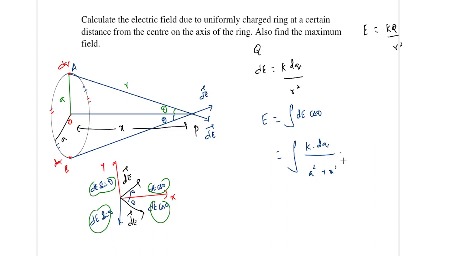From this triangle, this angle here is 90 degrees, so cos theta is equal to x by r, which is x by a square plus x square whole power half.